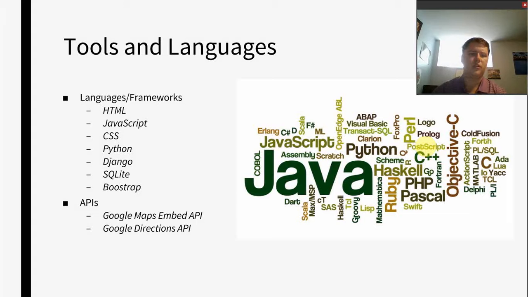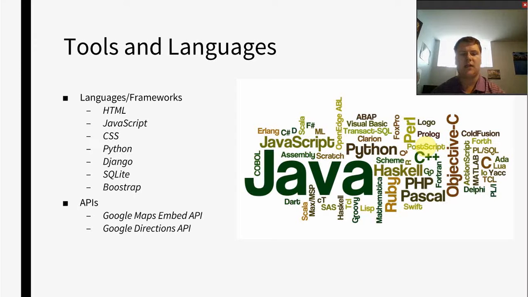So the languages I used in this project: for the front end, I used mainly HTML, a little bit of JavaScript, and CSS for styling. I used Django as the backend framework, which is all written in Python, with a very simple SQLite database, and Bootstrap as the UI library.